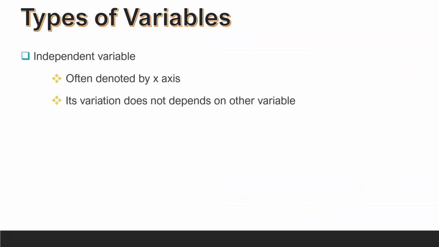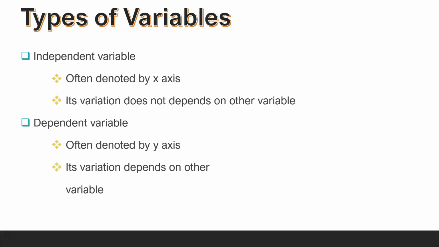Now, when we study signals, there are two different variables that are important for us to know. The first one is called the independent variable, often denoted by the x-axis, and its variation does not depend on another variable.